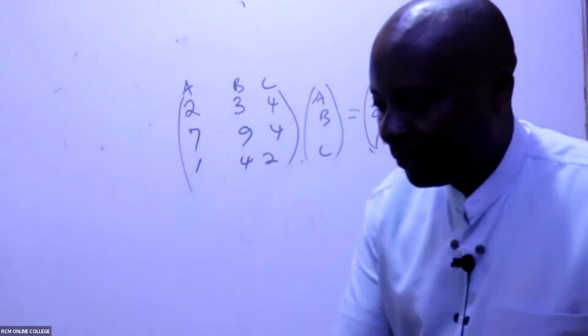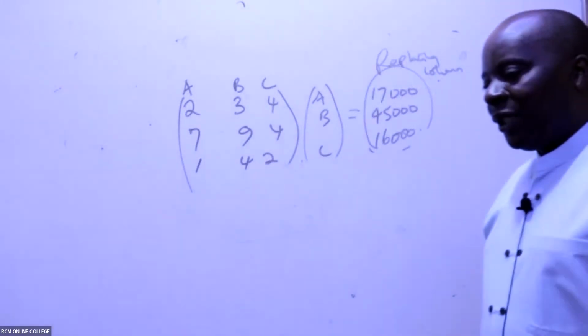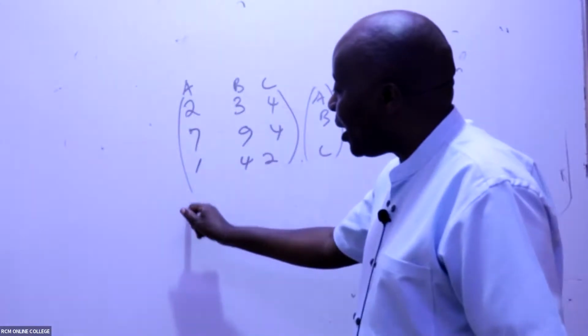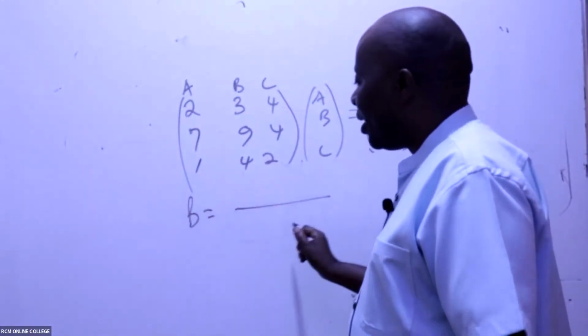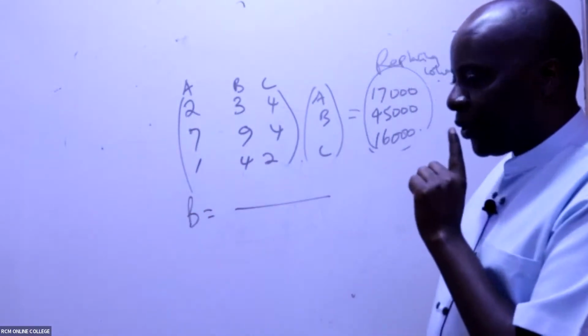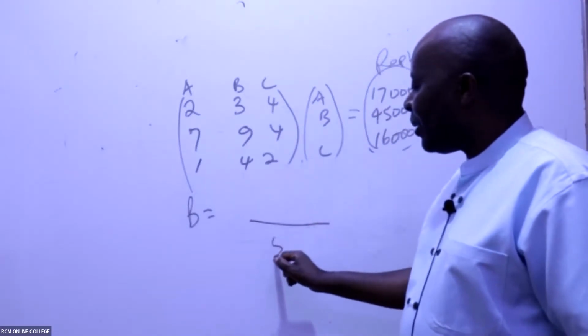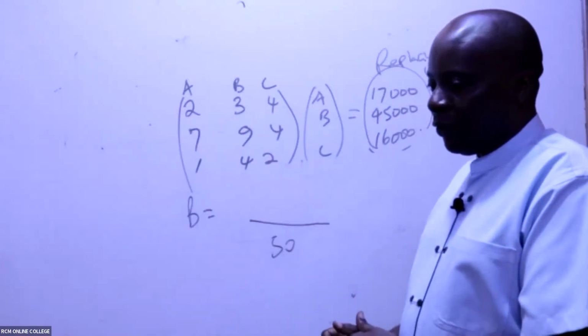Anybody who thinks they can give us the value of B? Yes, I can get it very well. So I know it will be something at the top divided by the determinant of the base, which is 50.